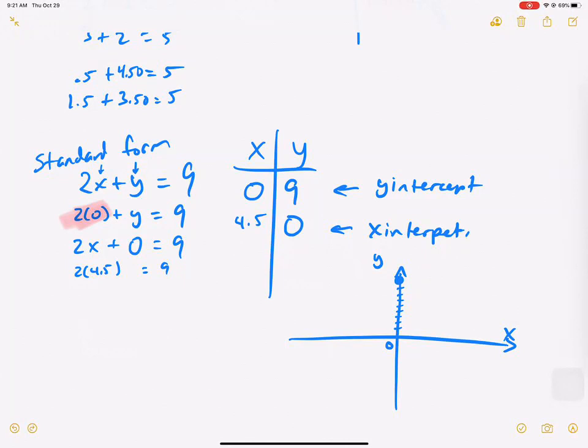And our next point is our x-intercept. So x is down here. So where on the graph do we run into the x? 1, 2, 3, 4, 5. And 4.5 is right in the middle. So once I have 2 points, you can just draw your line. Does your line have to be the most perfect thing in the world?